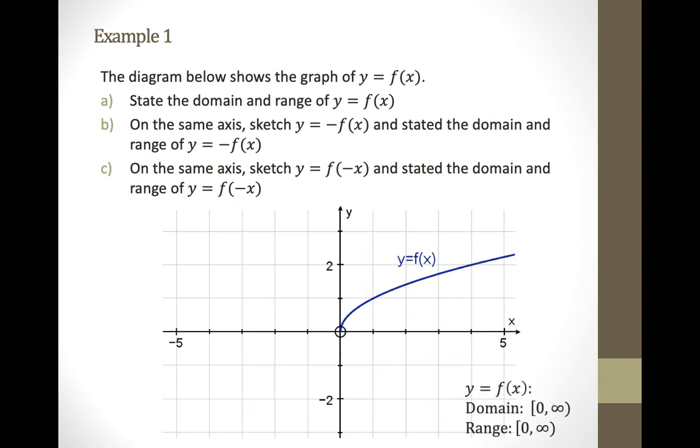So for the first part, the domain, the x values start at 0 and continue out to infinity and beyond. So the domain will be x with the square bracket through to infinity. The range is the same.